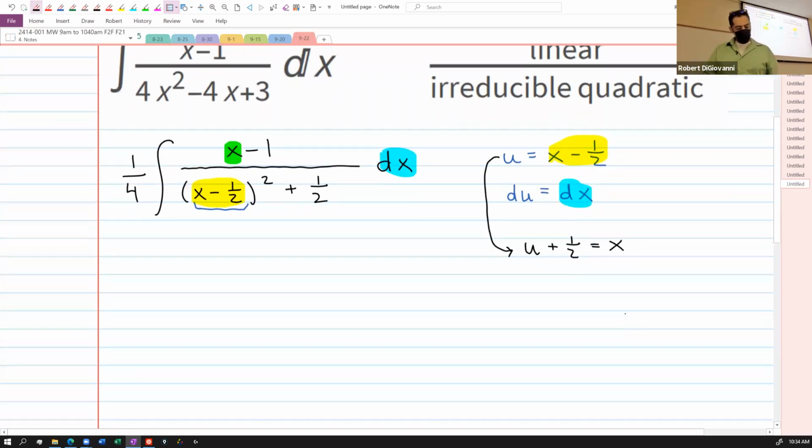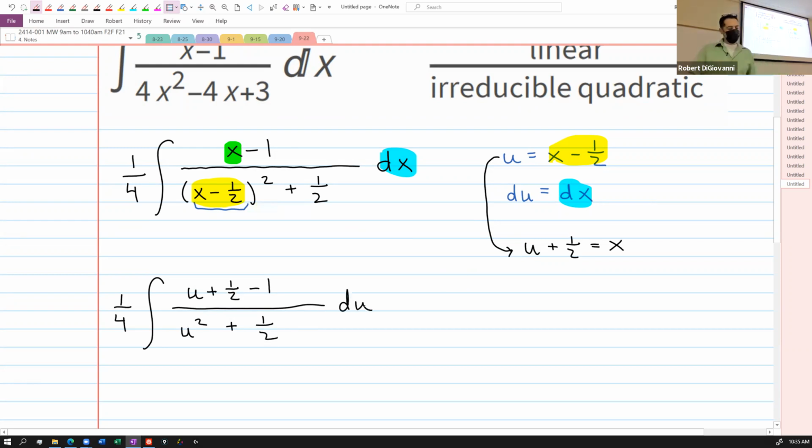So let me rewrite the problem. This is 1/4 integral. This x becomes u plus a half minus 1, right? That's u plus a half, take away 1, over what? u squared, right? That's u squared plus a half du, right?